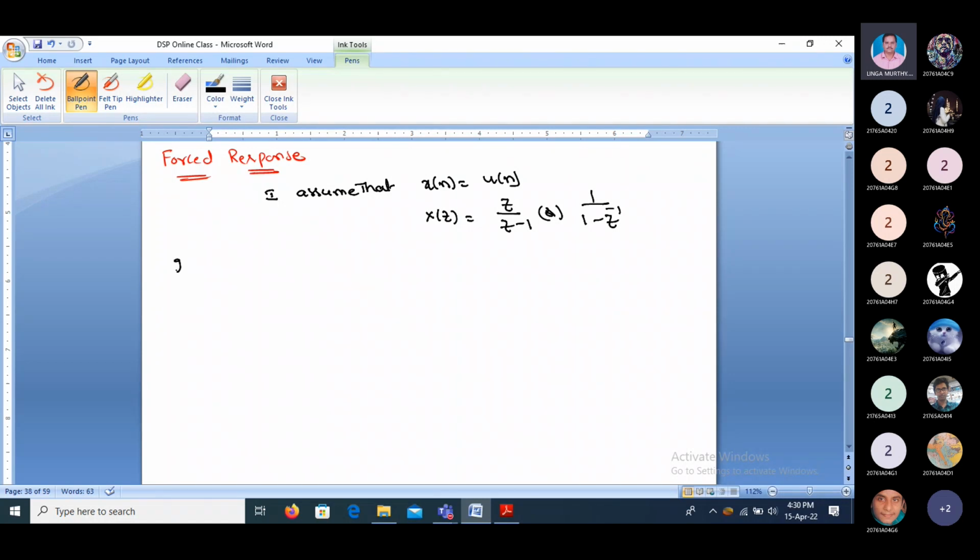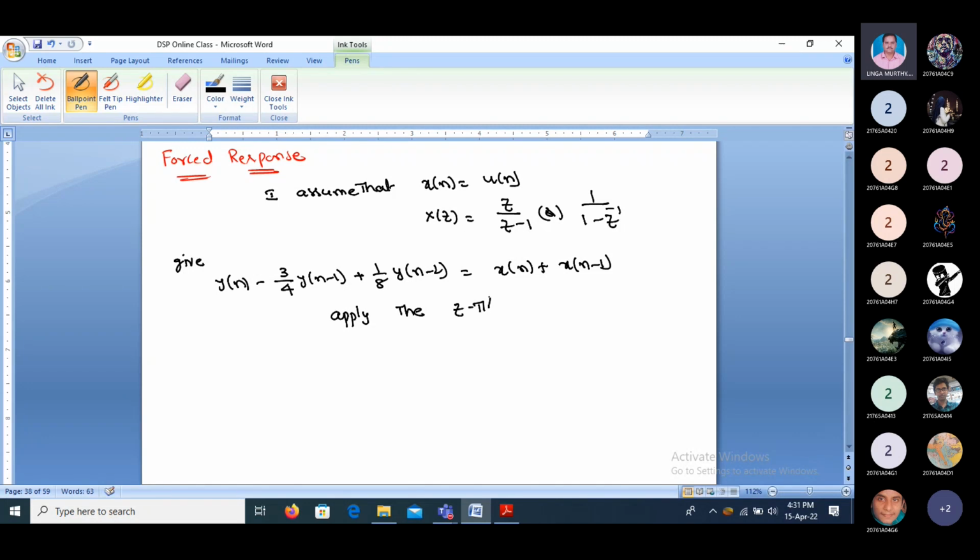So again, first go for the given equation: y of n minus 3 by 4 into y of n minus 1 plus 1 by 8 into y of n minus 2 is equal to x of n plus x of n minus 1. This is the given system equation. For forced response, generalized, you can apply the general time shifting property.